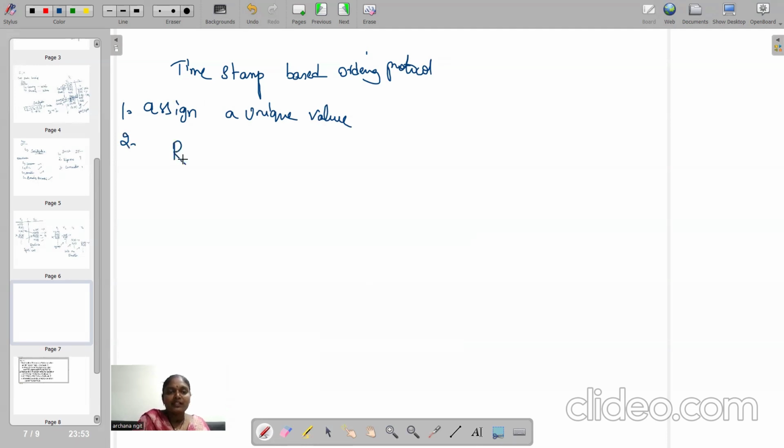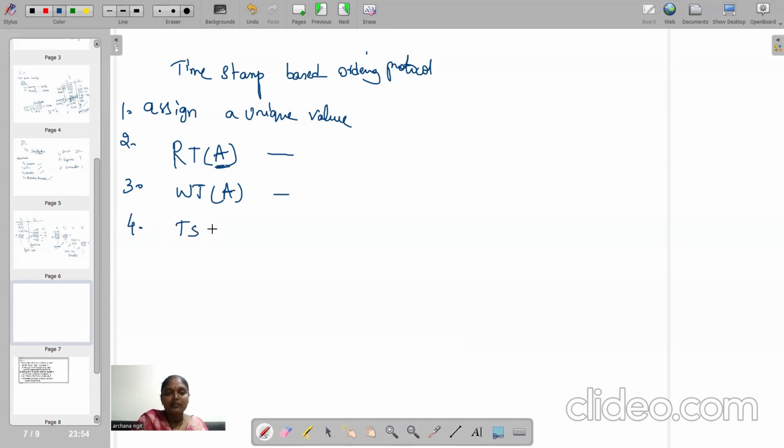Now, the read timestamp of data member A indicates the time at which the last read operation took place upon A. Then the write timestamp upon data member A is the timestamp at which the write operation was performed last upon data member A. So these are the two technical terms that we need to know.